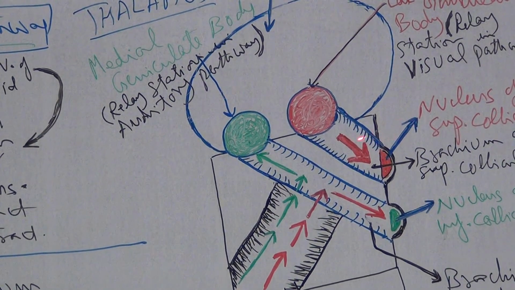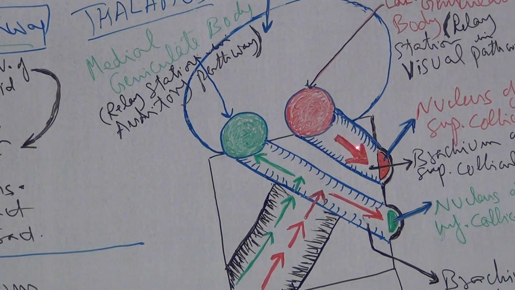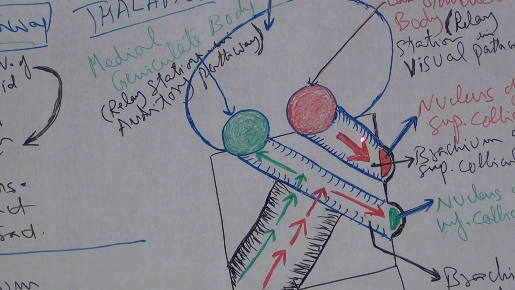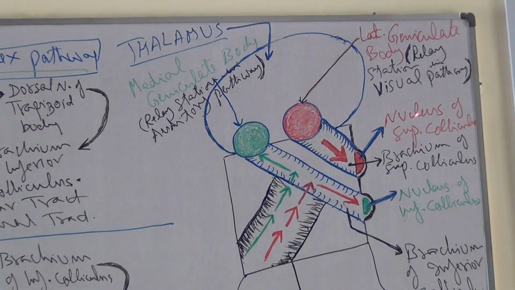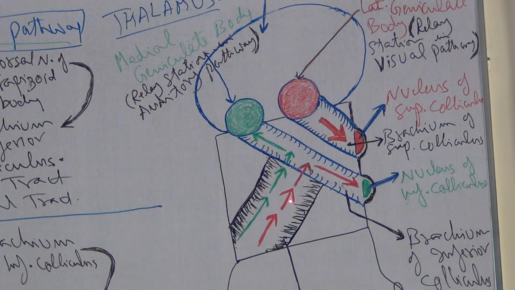So you can see the internal structure of the brachium of superior colliculus comprises nerve fibers which only belong to the visual reflex pathway, and the nucleus of superior colliculus also belongs to the visual reflex pathway. Now come to the lateral lemniscus and brachium of inferior colliculus.